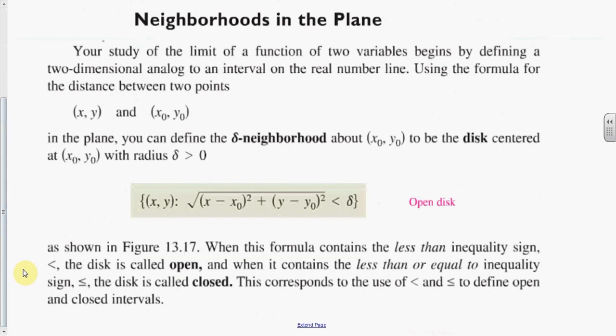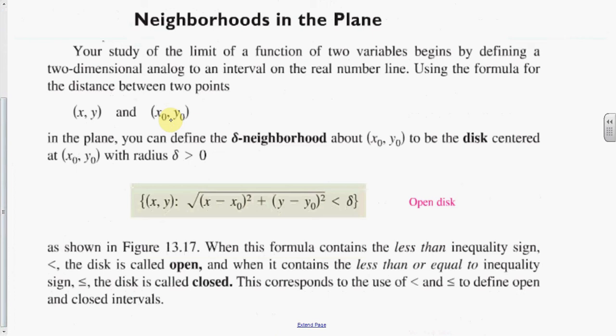This center point being x naught, y naught. And we want to be able to establish this open disk. And we limit this disk, or this so-called circle or ball, to be less than delta.